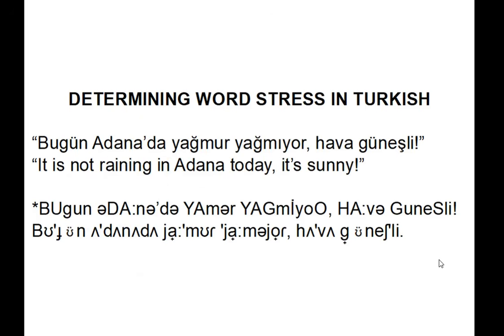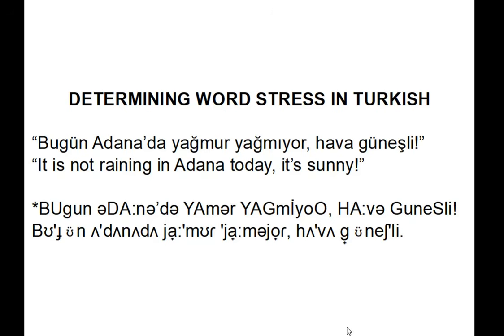Okay, let's look at this sentence. Bugün Adana'da yağmur yağmıyor, hava güneşli. It means it's not raining in Adana now. Today, it's sunny. So a typical English speaker may pronounce the words here incorrectly. This is wrong, everyone.